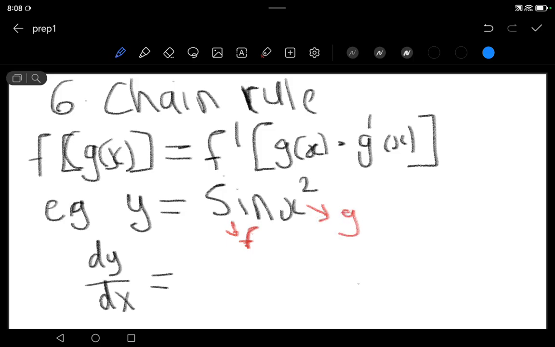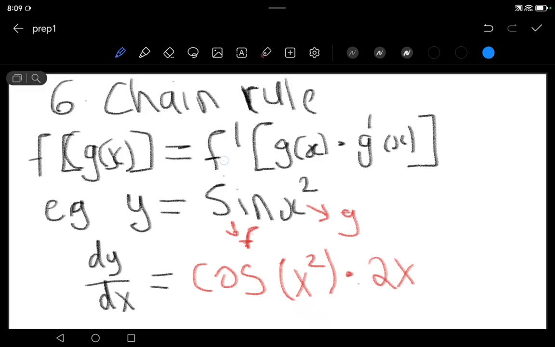The derivative of sine is cos, and g is x squared, so it's cos of x squared, multiplied by g prime. We derivate x squared, which is 2x.